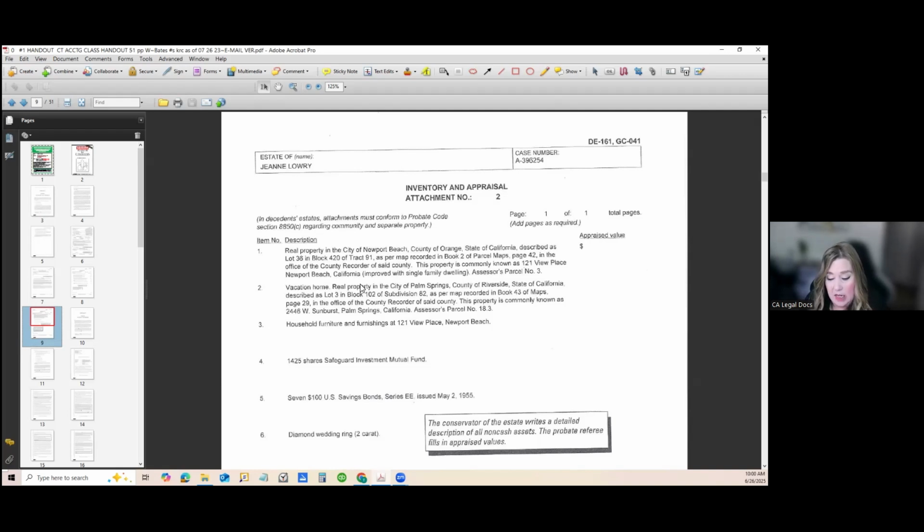Typically it will tell you which attachment that should go on, or if a probate referee should value it, or if an administrator should value it.